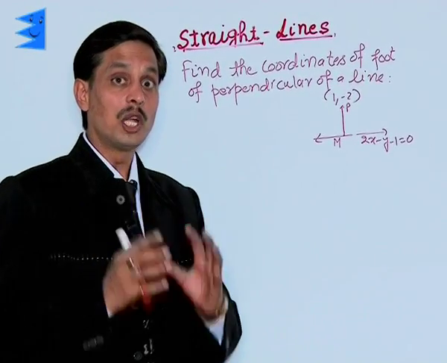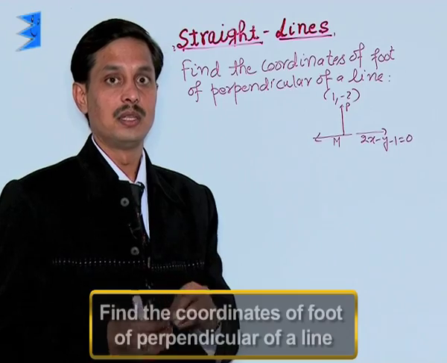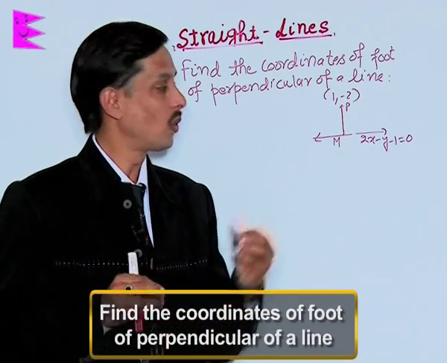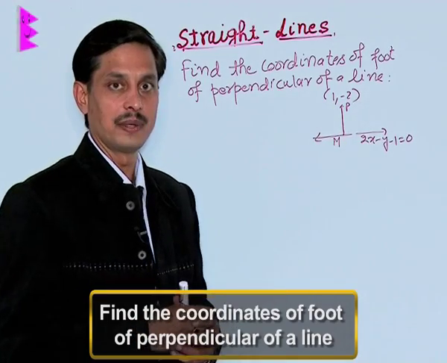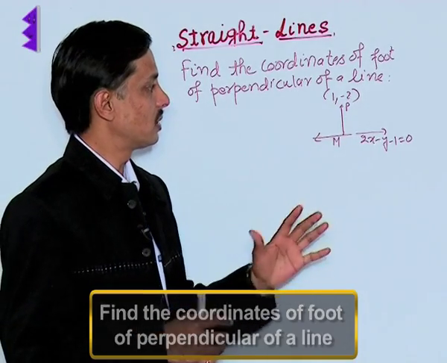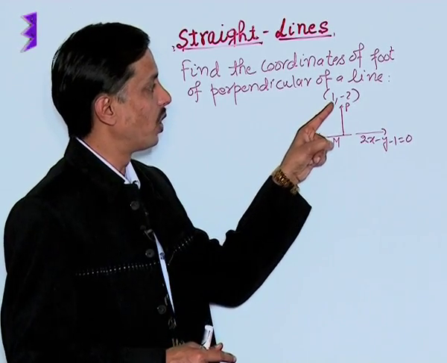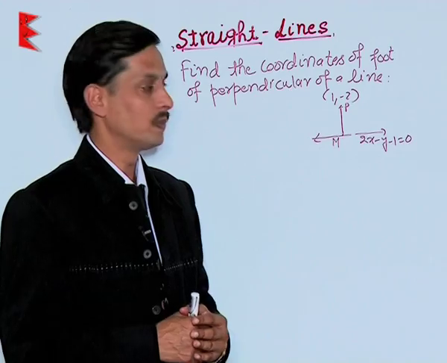Now I want to tell you how to find the coordinates of the foot of the perpendicular drawn from a given point to the given line. There is a situation with a point with coordinates (1, minus 2).